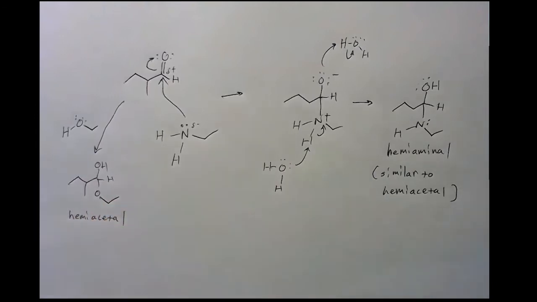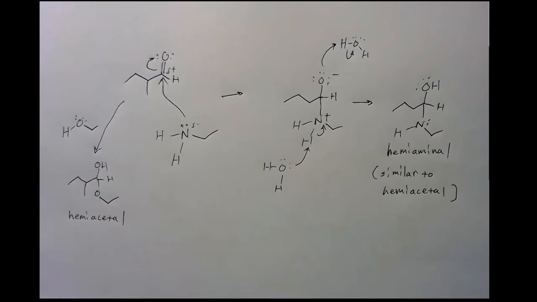So you can see the first steps really are very similar to what we would get with an alcohol addition reaction. Now that we formed that hemiaminal, it's the next steps that give us our unique product here.